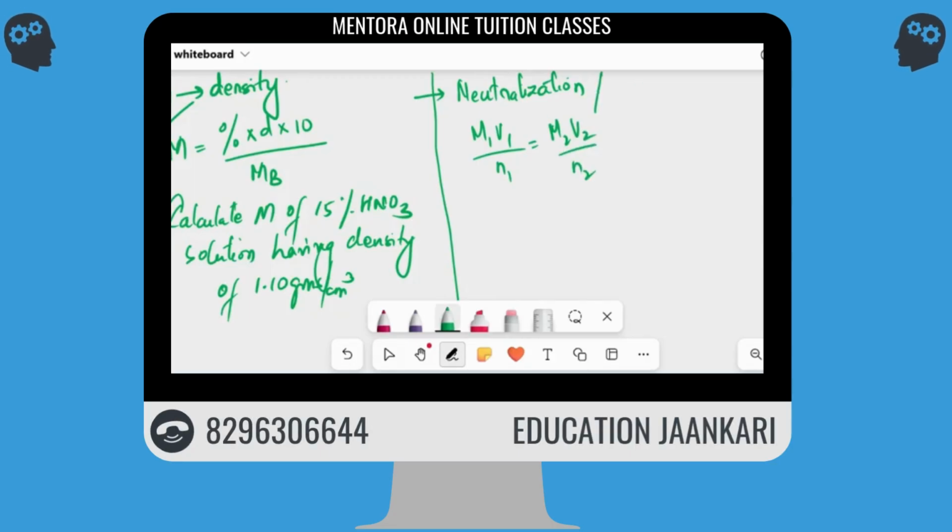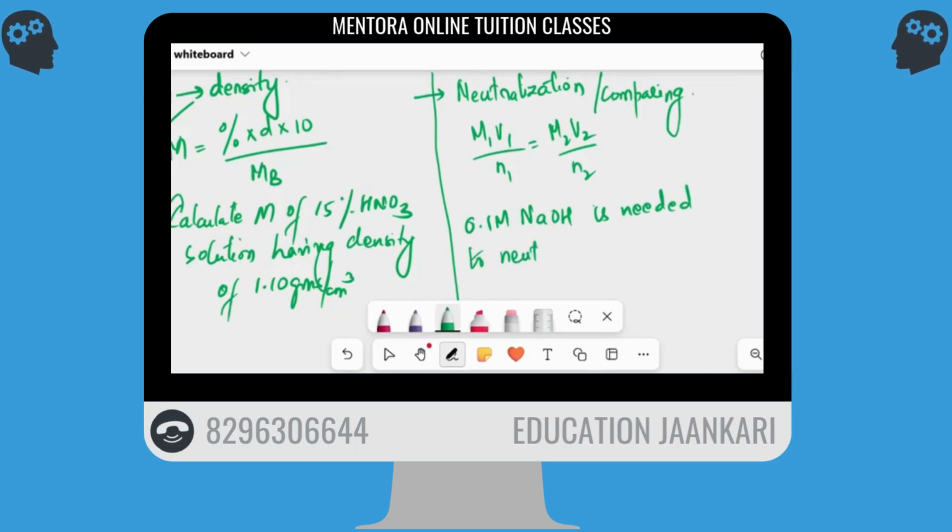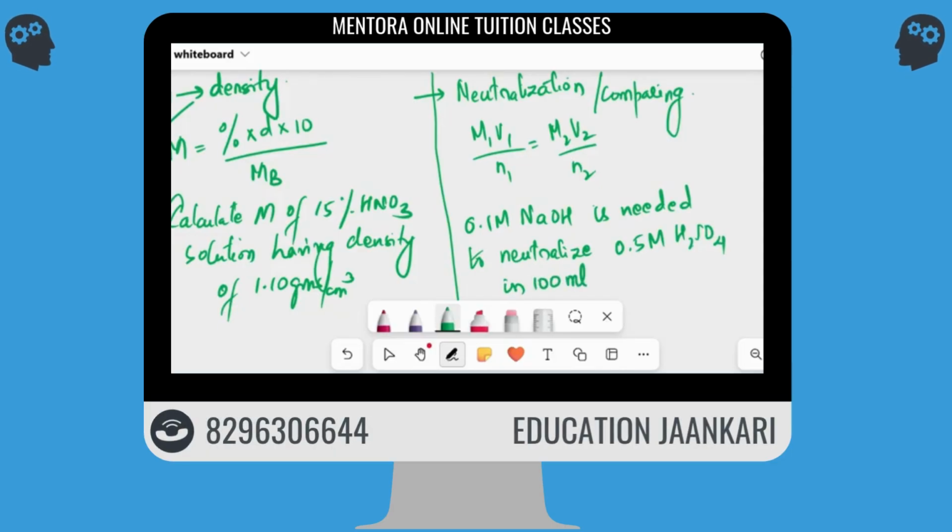For example, if 0.1 molar sodium hydroxide is needed to neutralize 0.5 molar sulfuric acid in 100 ml, what volume of sodium hydroxide is needed?